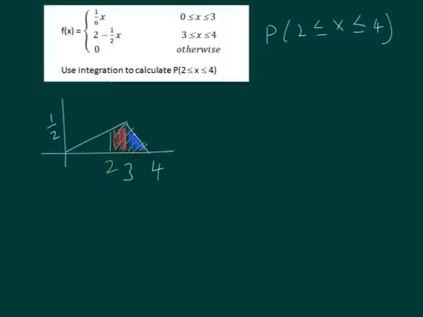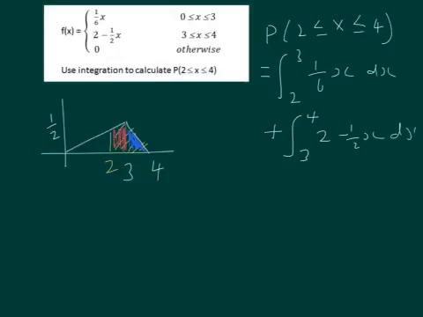So the red area is the integral between 2 and 3 of 1/6 x, and then the blue area is the area between 3 and 4 of 2 minus a half x. Oops, I forgot the dx. So that's there. So you need to do this in 2 sections. You can't just do this in 1 section.